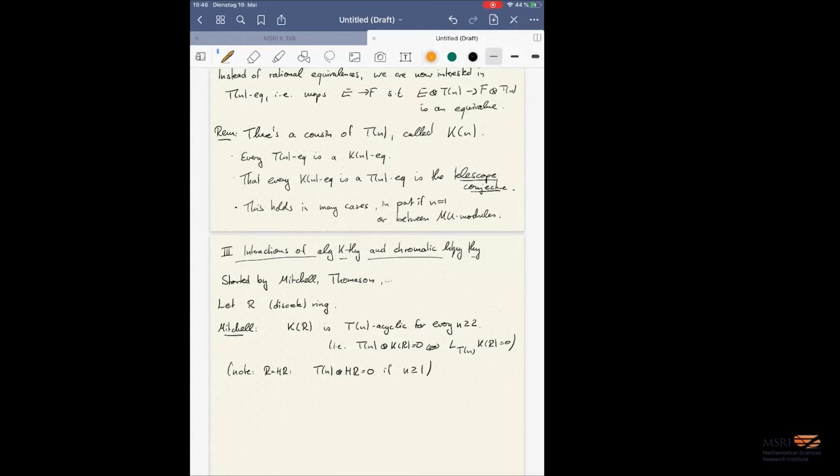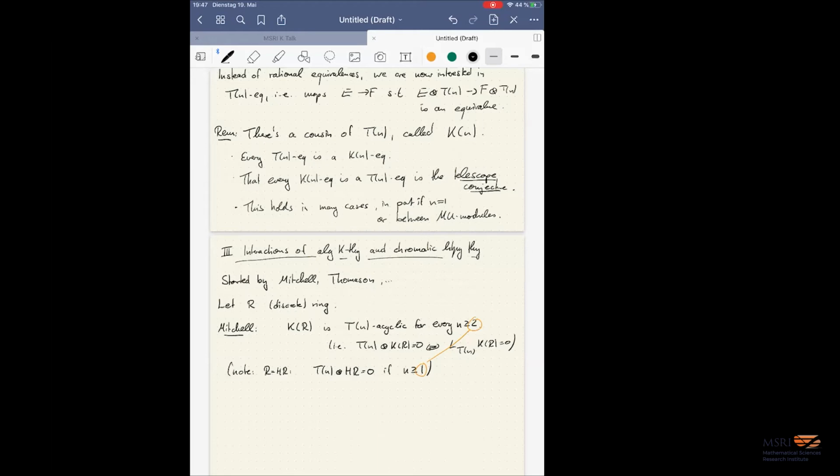So we see that we have a shift of exactly 1 between these numbers. And this is, for reasons I don't want to get into right now, called a redshift phenomenon. It's quite a general phenomenon observed in several cases, but not proven in very many cases, that K-theory seems to shift height by 1. And this is, I think, one of the original places where one can observe this.